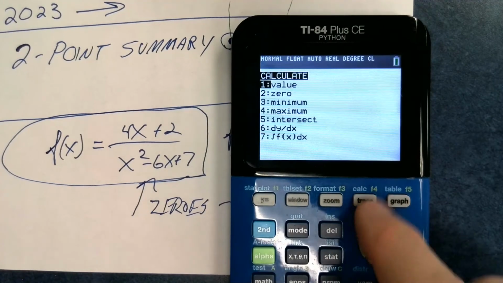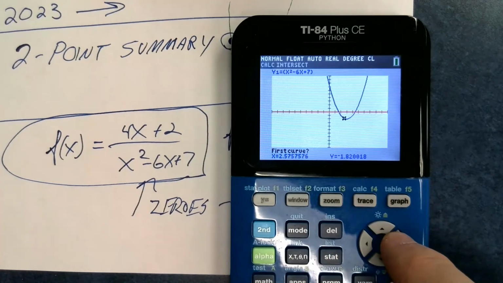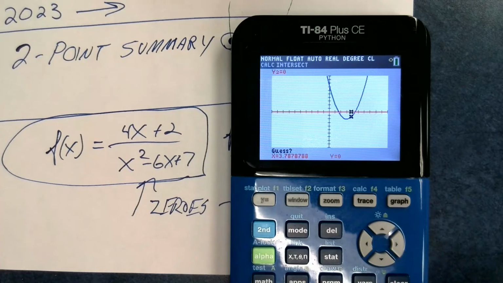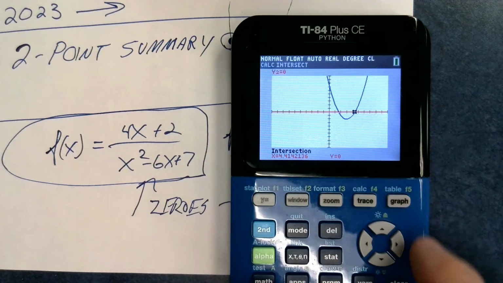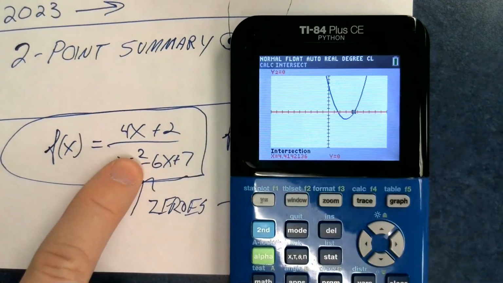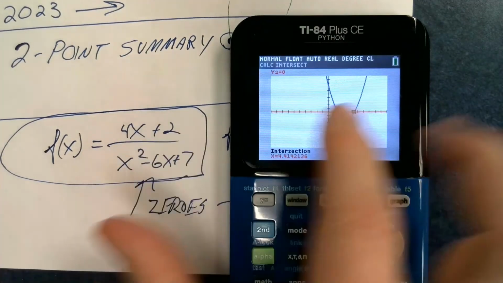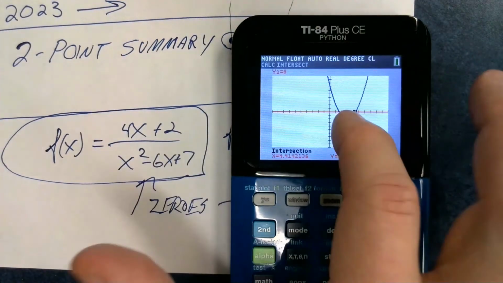Second trace, number 5, enter, enter, enter, to 4.414. Okay? So again, hopefully that is beneficial to you. It might be some other equation, but it's about whether you can use your technology to understand it and then pull the information from the graph.